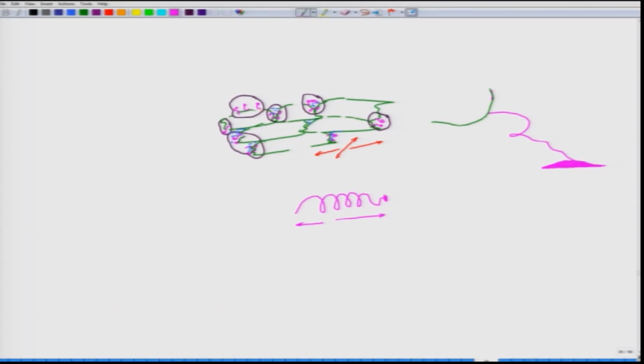So, this is the point of attachment on a substrate, and this is the substrate.